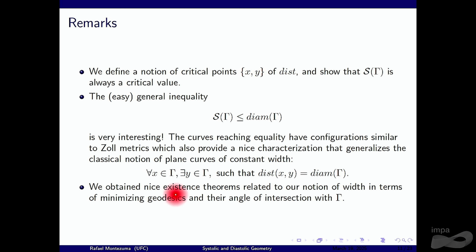For every point in gamma, if gamma satisfies equality here, you have another point in the curve which is diametrically distant. Any point has another one which is diametrically opposite.